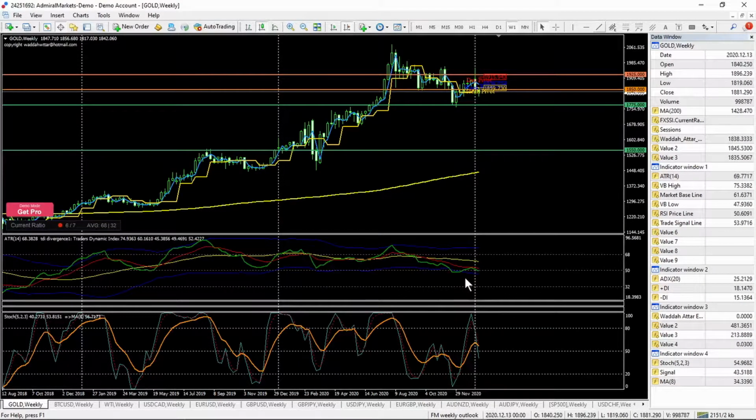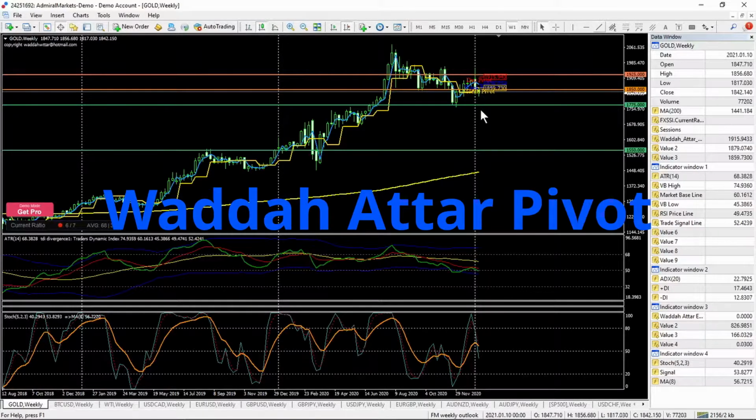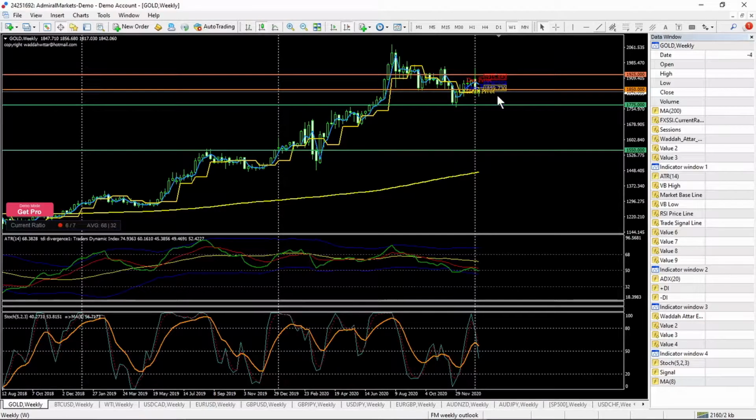And the water Atar pivot. What these indicators are basically telling me is that gold is looking like it's going to be moving down.